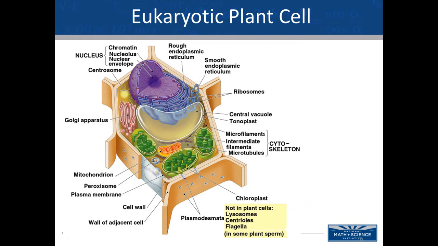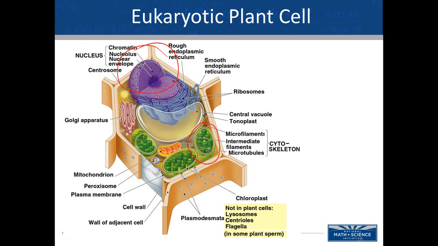Take a few minutes and think about differences between these two types of eukaryotic cells. Alright, one of the things you should have noticed right away is that they both have a large nucleus. Some differences you should have noticed is that if you're talking about a plant cell, you'll notice that this particular plant cell has a chloroplast.